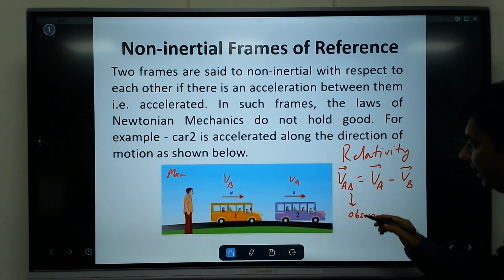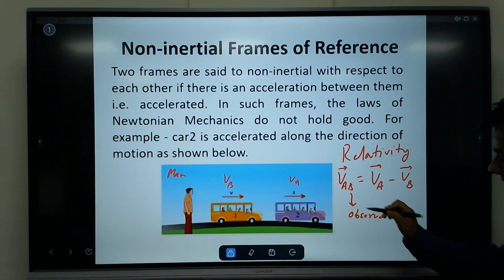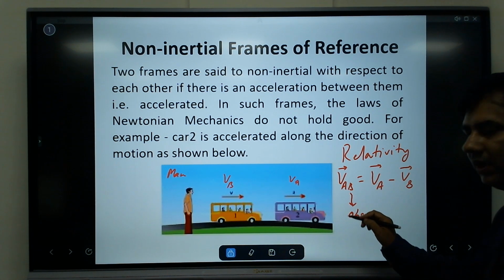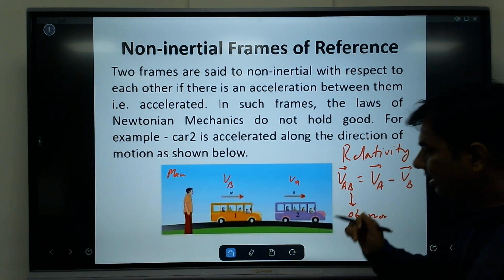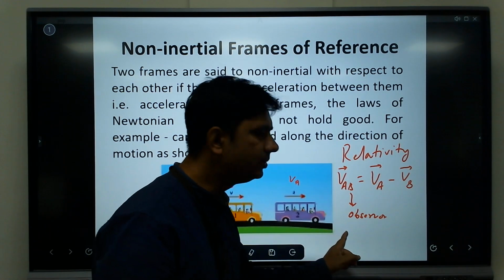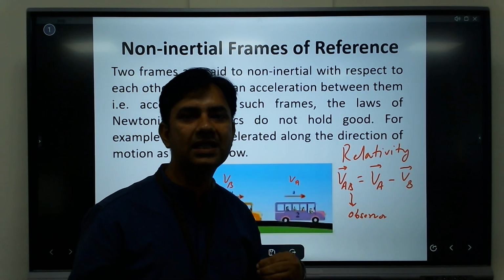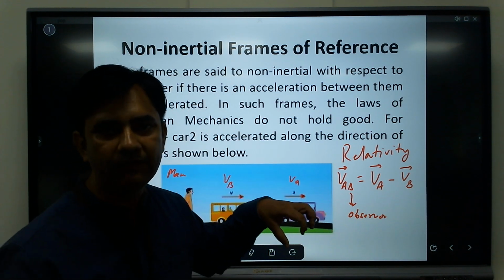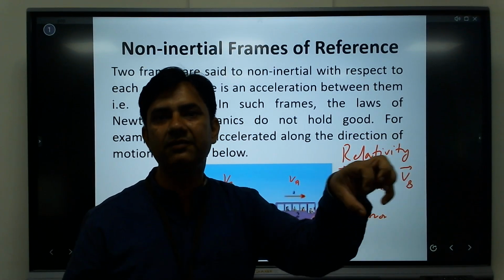That's why we call it VAB, velocity of A with respect to velocity of B. The second one is an observer who always thinks himself at rest. So this is the basic concept of frame of reference and relative mechanics.